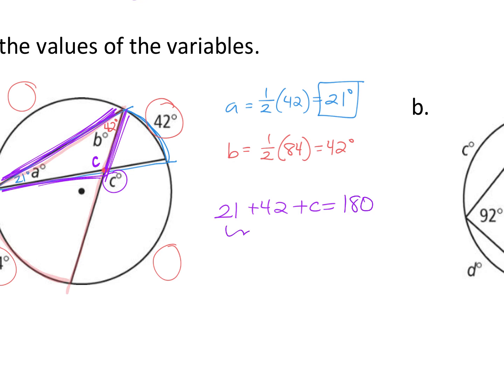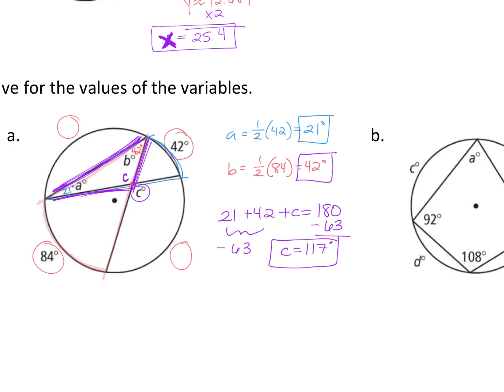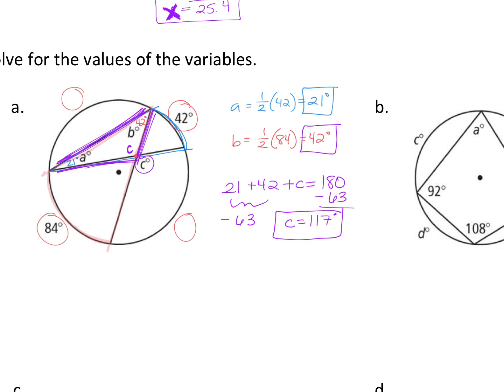So we're just going to take away the 63. So C is going to be, what is that? 117, yep. So 117 degrees for C. Any questions on that? I know there's a lot going on in that one.